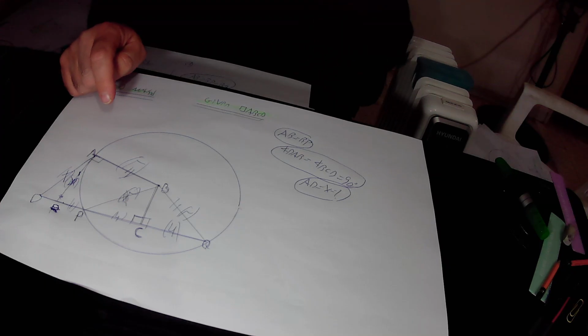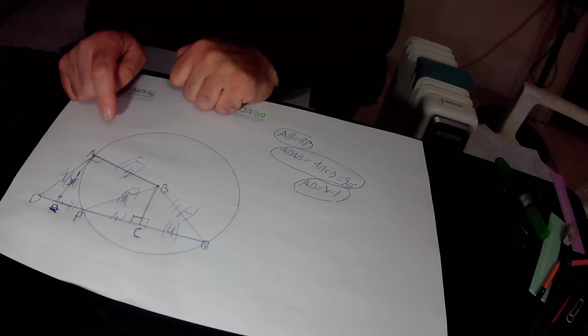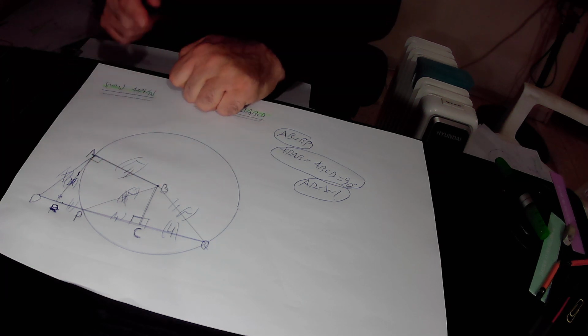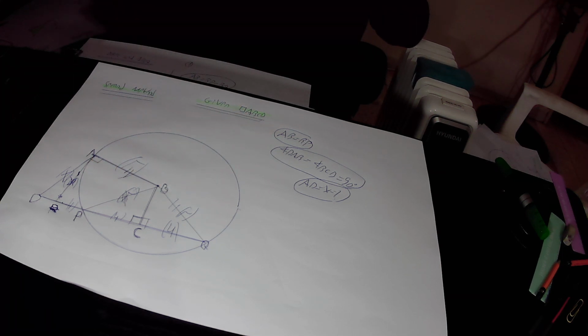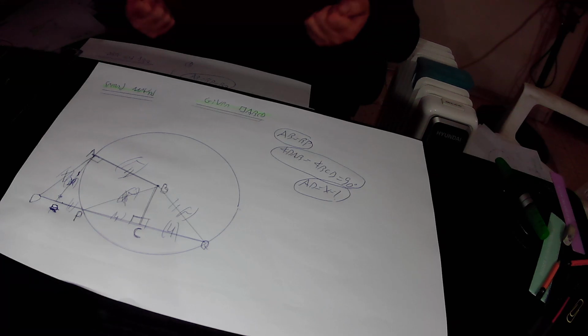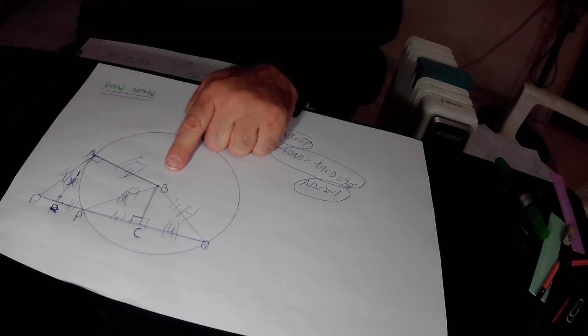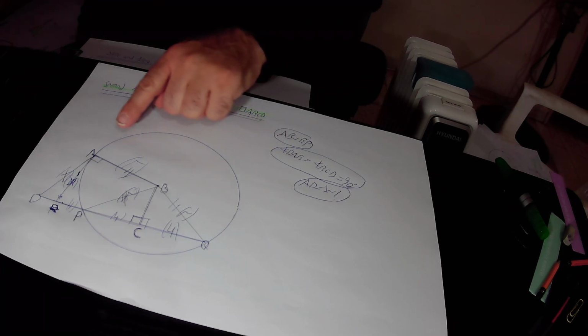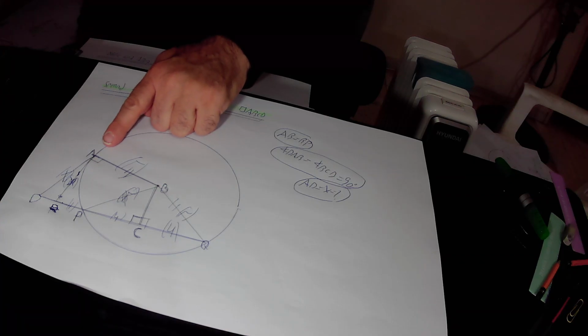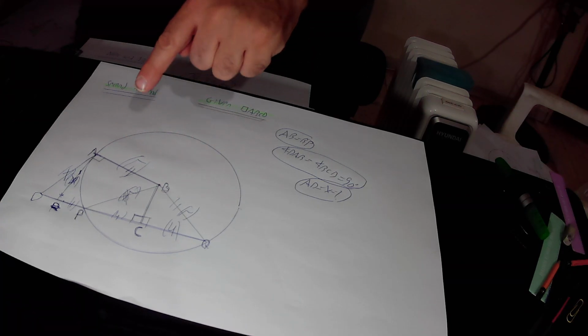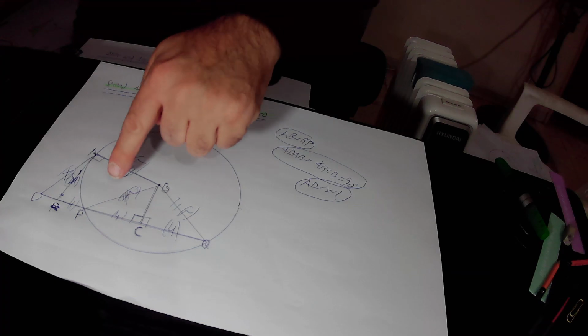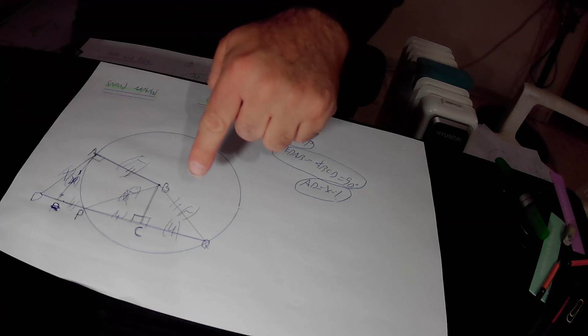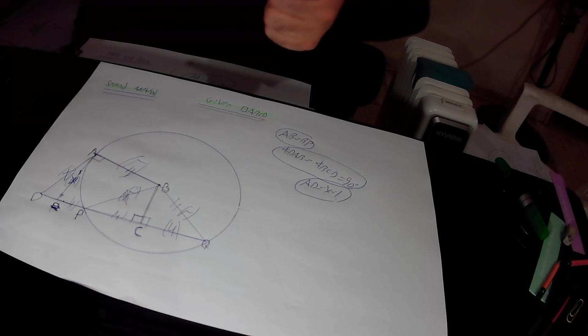And for that reason, the circle must pass through points A, P, and Q. Why? Because this is exactly the definition of a radius. The radius of any circle starts from the center of the circle and ends at the point on the circle itself. For that reason, those three radii BA, PB, and BQ are all located on the circle itself.